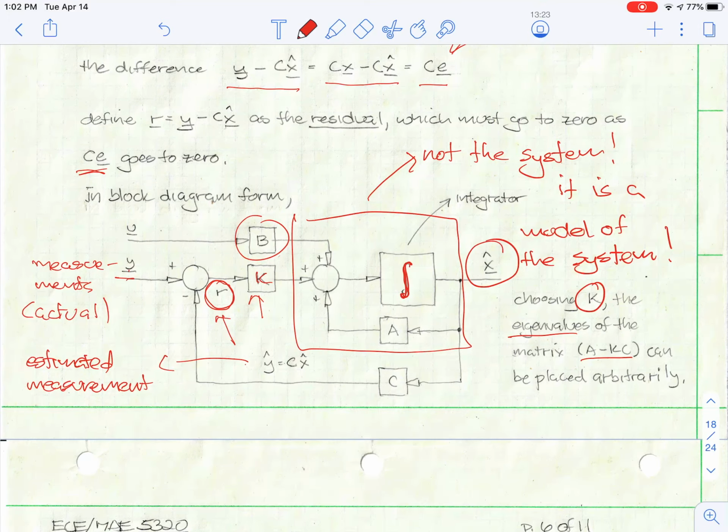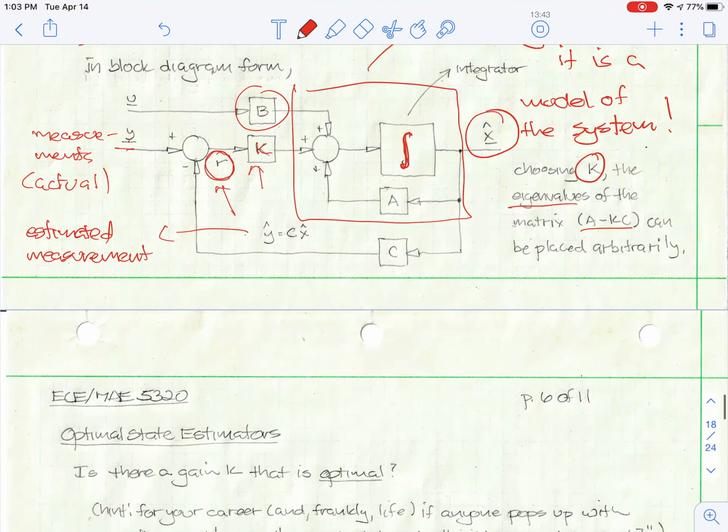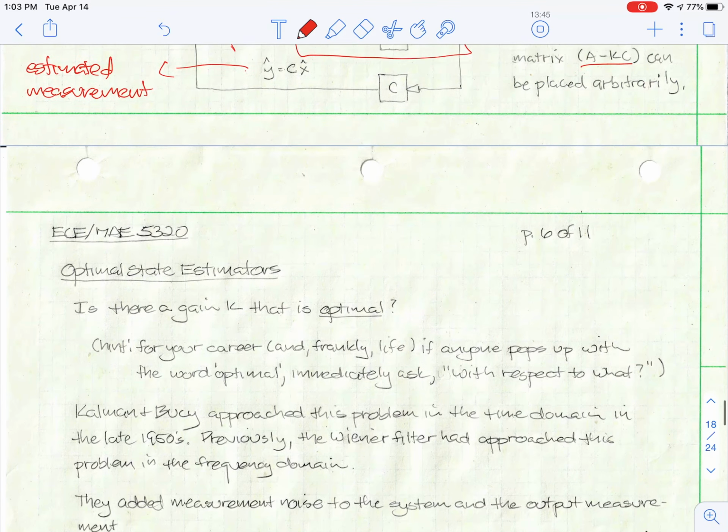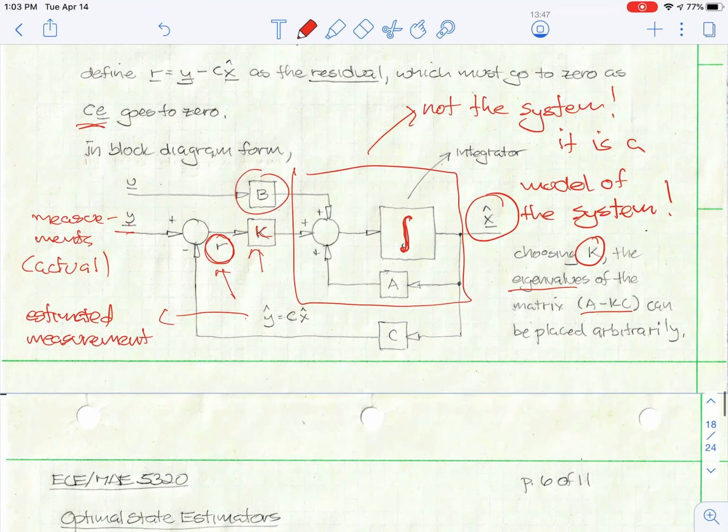If I did that, all I do is place the poles, kind of. I don't estimate anything. I don't determine what I need for full state feedback or anything like that. So I build a model of the system out of A, B, and C, and then I estimate the states from that. So that said, how am I going to pick K?